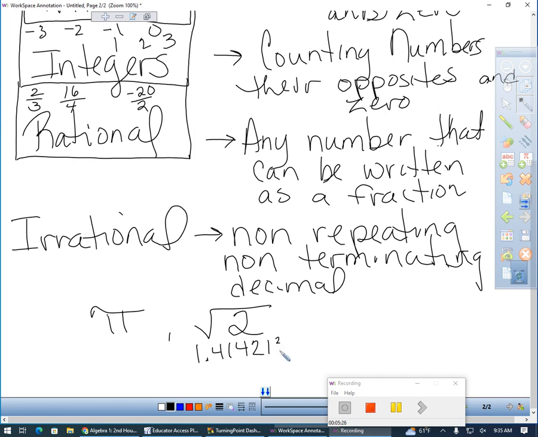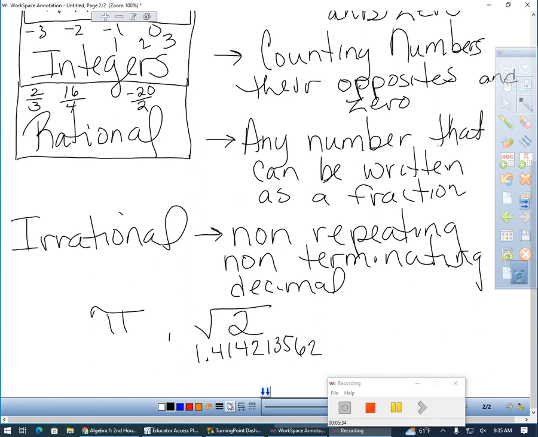Even though it goes all the way to the edge, it does keep going. It's just it gets smaller and smaller, so your calculator stops writing it out. But I wanted to show you that this is an irrational number. The numbers aren't repeating, and the decimal goes all the way to the side of your screen. These are the different categories we're going to classify in.